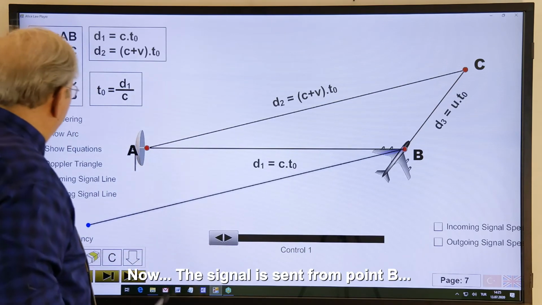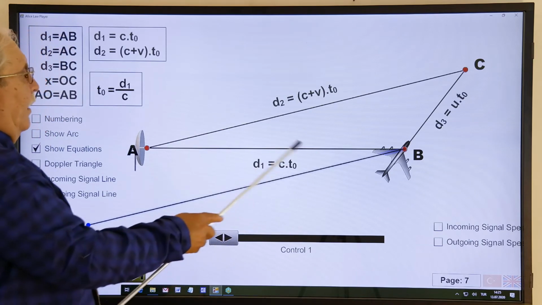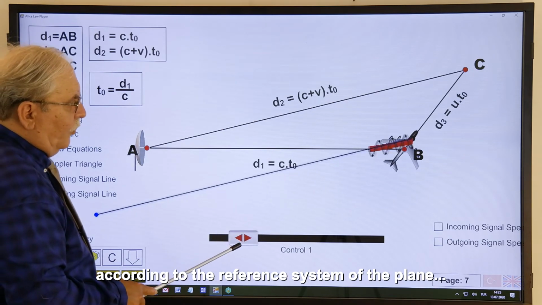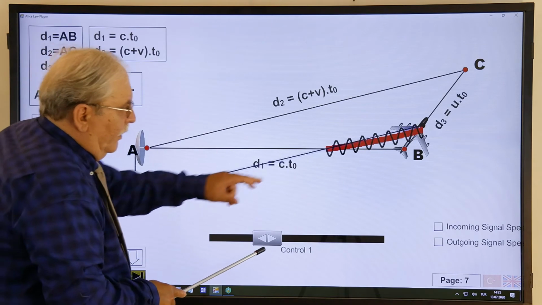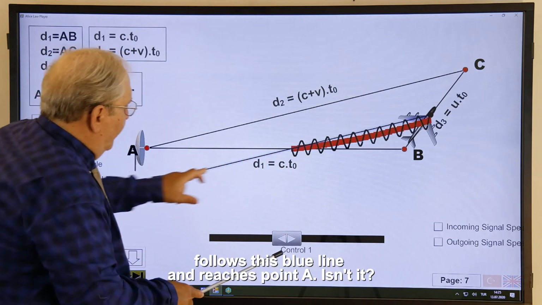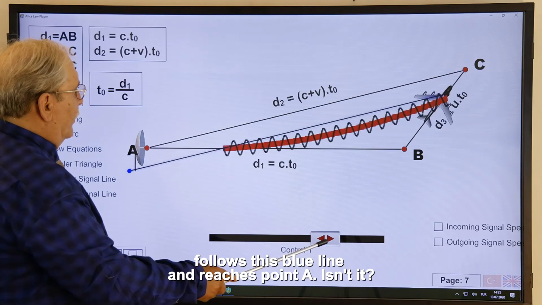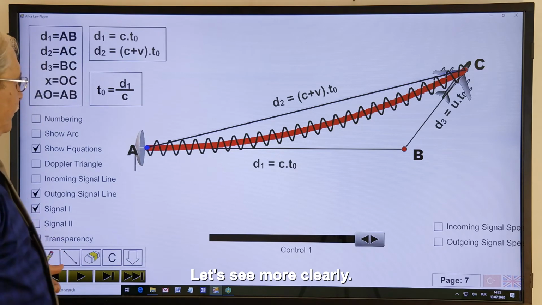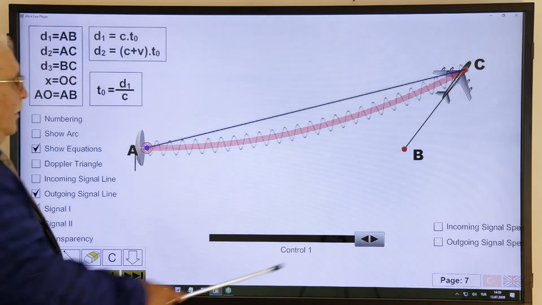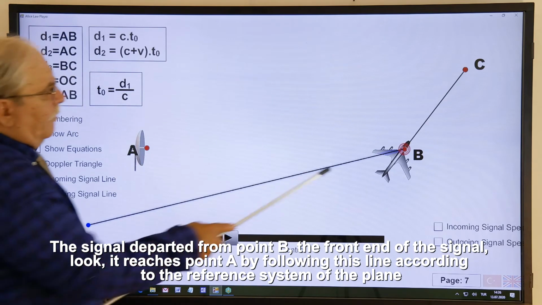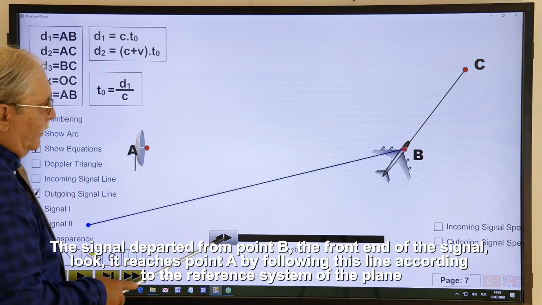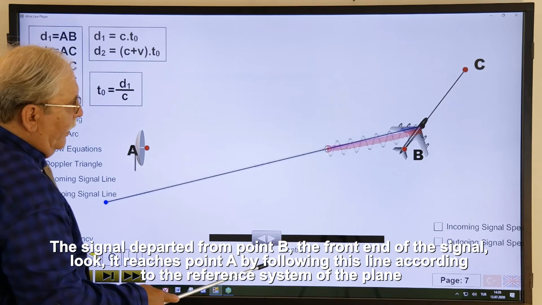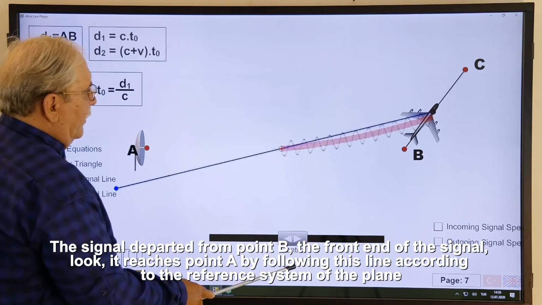Now, the signal is sent from point B. Look, the signal is sent from point B according to the reference system of the plane. The front side of the signal follows this blue line and reaches point A. Isn't it? Let's see more clearly. The signal departed from point B, the front end of the signal. Look, it reaches point A by following this line according to the reference system of the plane.